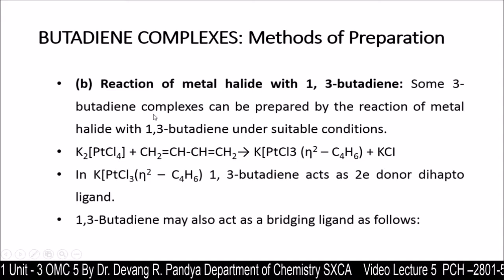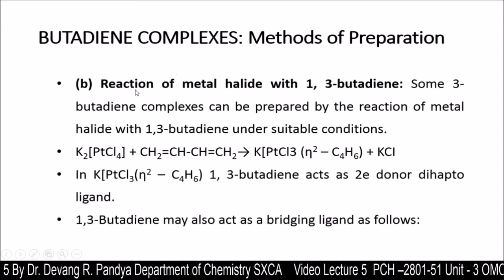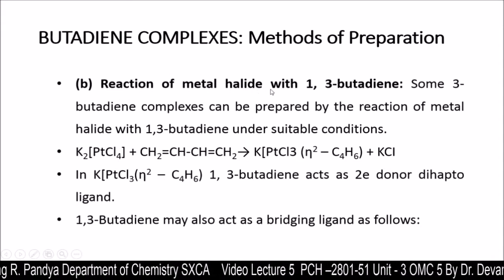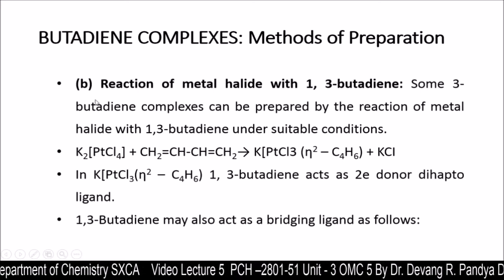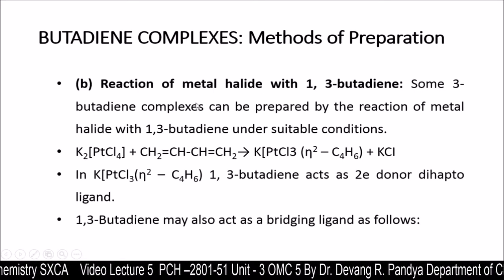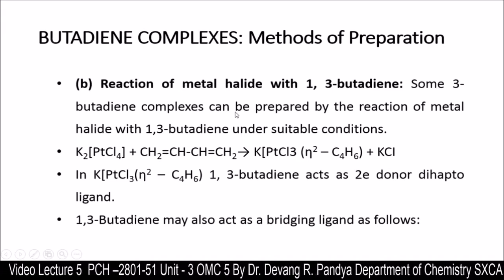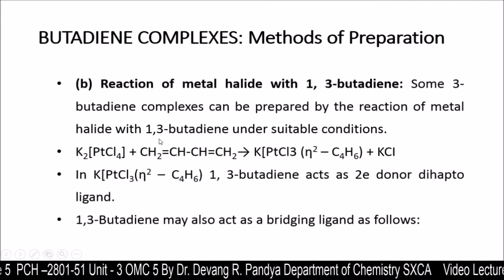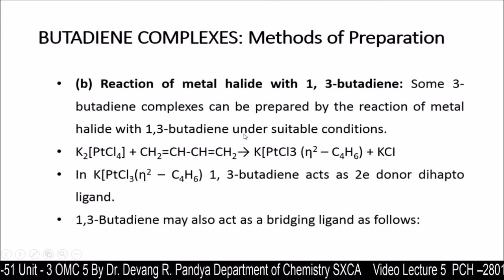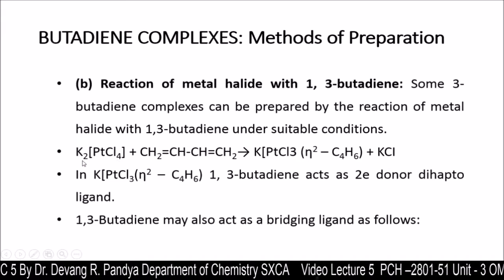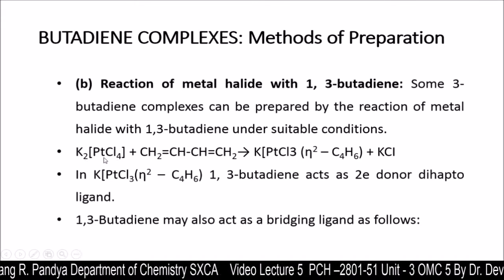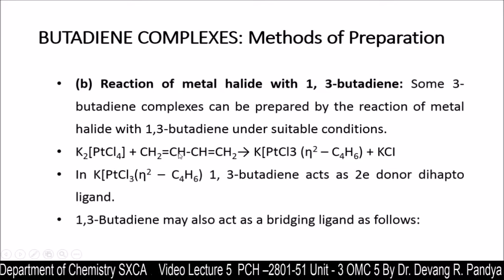Now the second reaction in the preparation is the reaction of metal halide with 1,3-butadiene. Some 1,3-butadiene complexes can be prepared by the reactions of metal halide with 1,3-butadiene under suitable conditions. Here we have potassium tetrachloroplatinate treated with 1,3-butadiene.